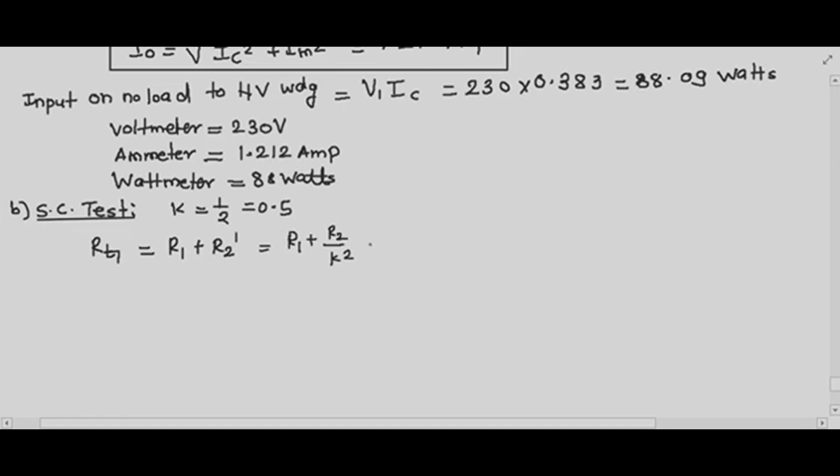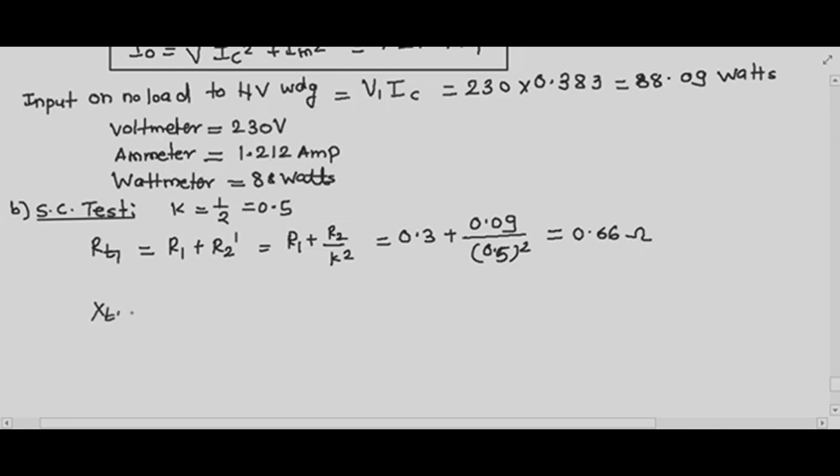Okay. So I will write this as 0.3 plus 0.09 divided by 0.5 whole square. So this you will get as 0.66. This is 1 by 1/2 square, so 2 square into 0.09.